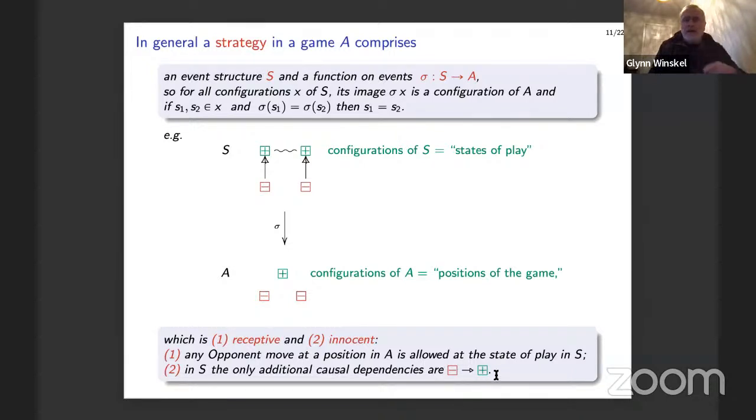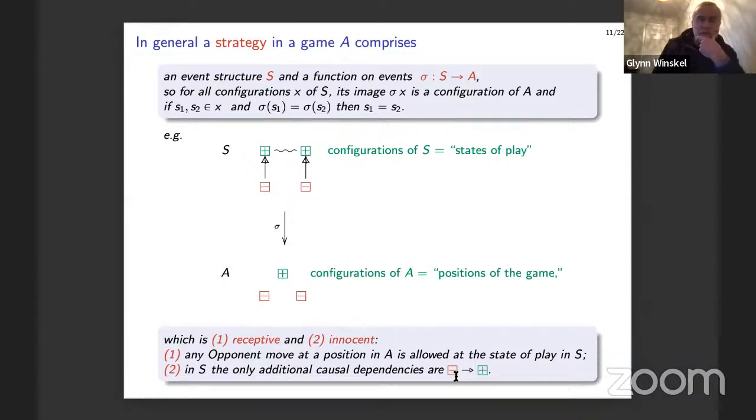And moreover, you don't want to be able to inhibit what the opponent can do. So there can be extra causal dependencies in S that don't exist in A, but the only additional immediate causal dependencies, which can't be reduced to smaller causal dependencies, are of the form a player move causally depends on opponent moves.